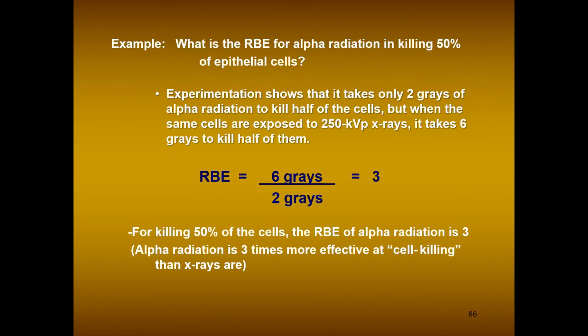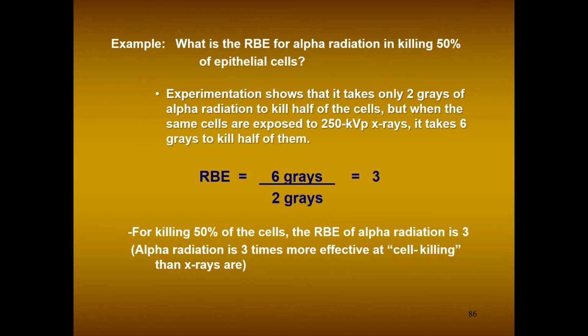So let's take a look. The example given is: what is the RBE, relative biologic effectiveness, for alpha radiation in killing 50% of epithelial cells? Those are the lining cells of our body. Based on empirical experimental data, it takes 2 grays of alpha radiation to kill 50% of those epithelial cells.